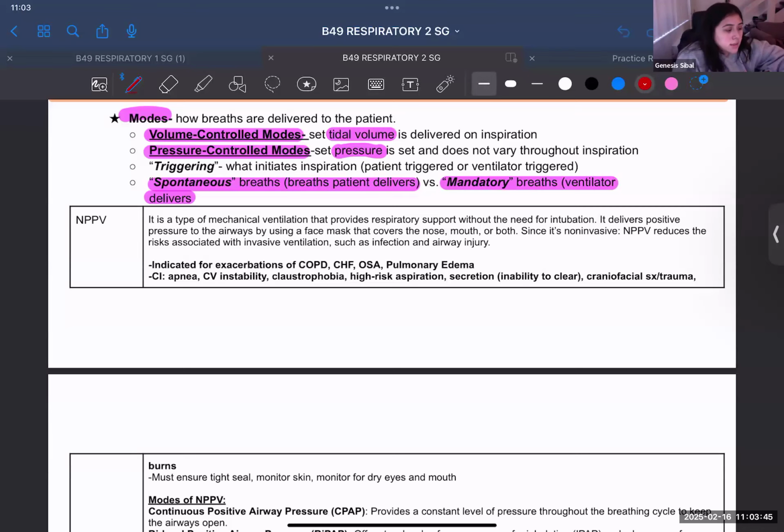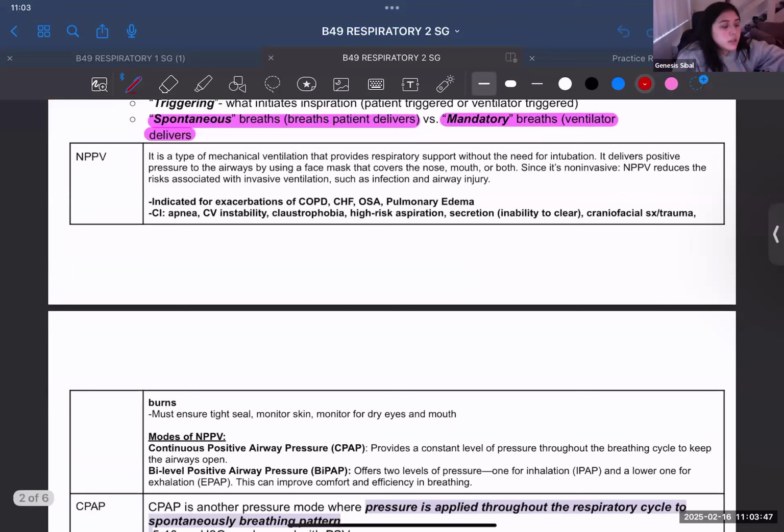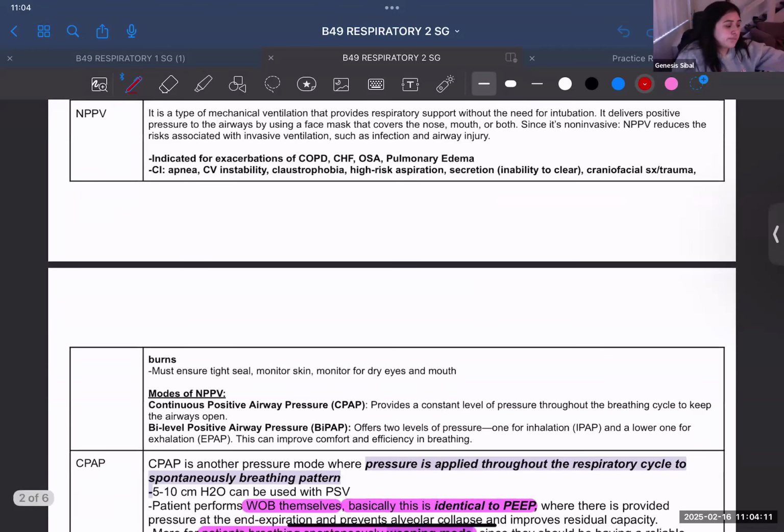Whereas with spontaneous breaths, the patient is taking a breath on their own. And mandatory means the ventilator is giving them a breath, which is basically what the vent is doing anyway. But all you have to know is triggering. That's more related to the vent triggering the patient to take a breath, whereas with spontaneous, the patient's just spontaneously breathing.